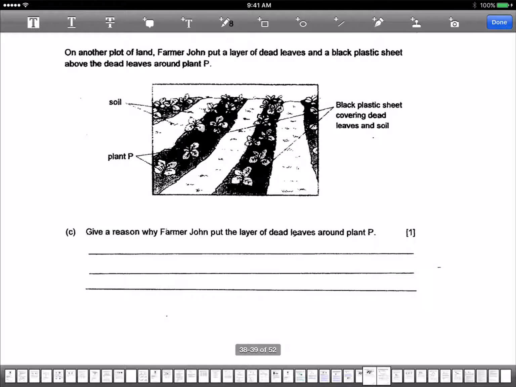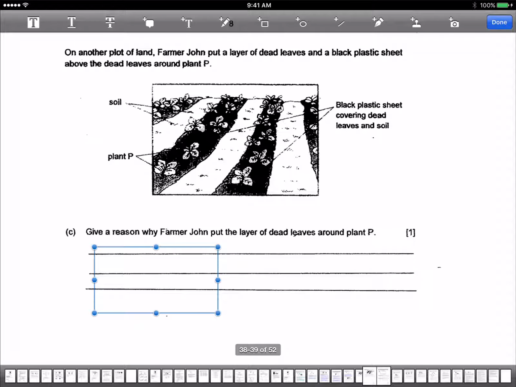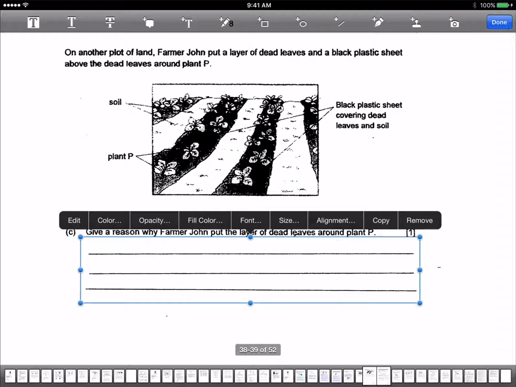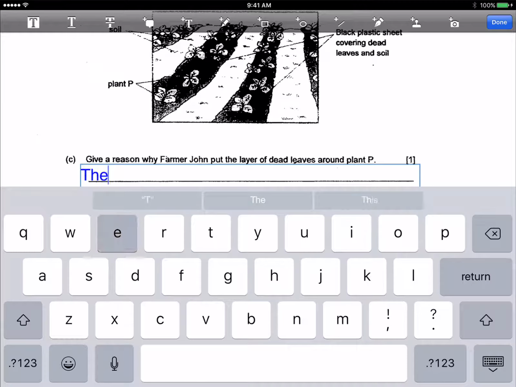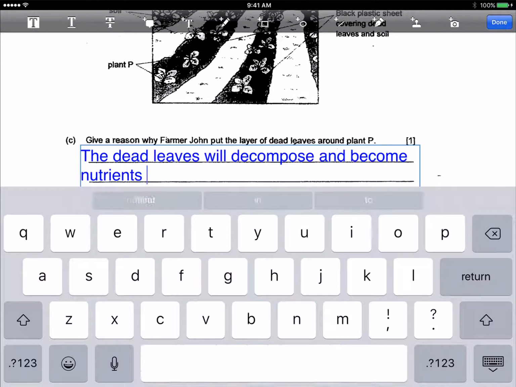Okay, so why did Farmer John put the layer of dead leaves? So you mentioned a few important things. The first one is decompose. The dead leaves will decompose and become nutrients for the plant.